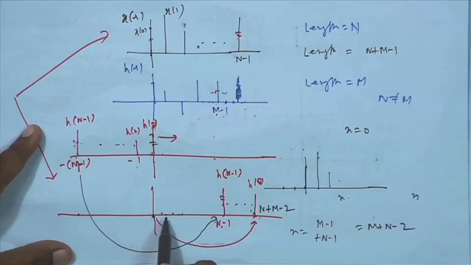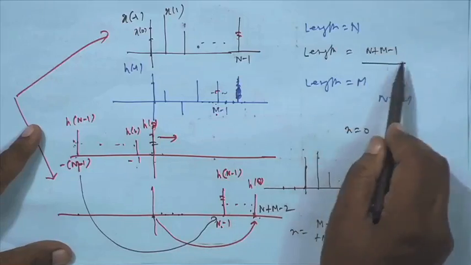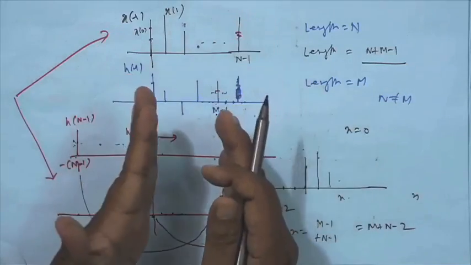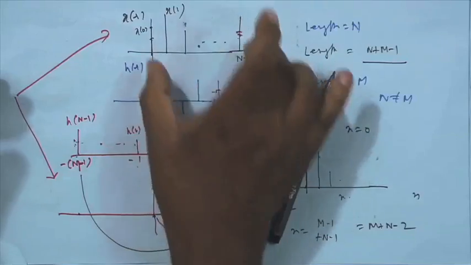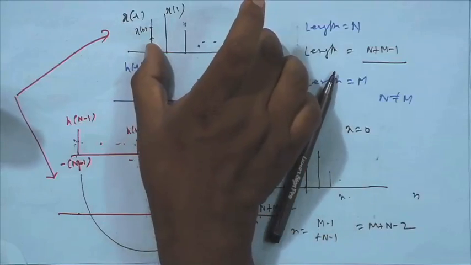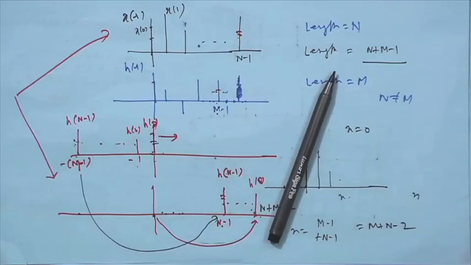If you count 0 and then 1, 2 up to this, the total is n plus m minus 1. So, you see, by convolution the output sequence actually becomes wider. If you convolve two finite length sequences, of length m and length n, their convolution widens the sequence. So, the sequence spreads in the time domain.